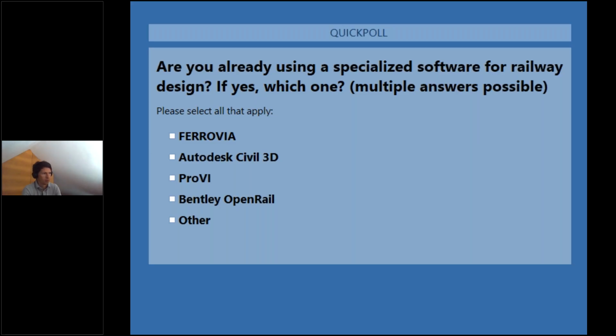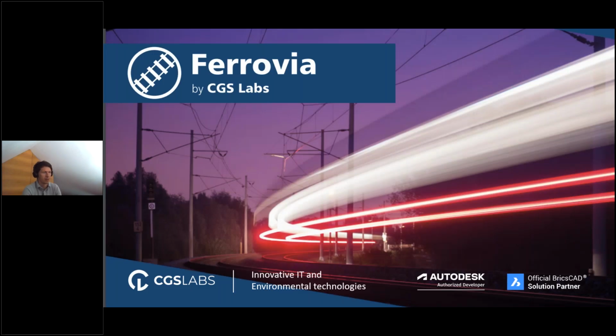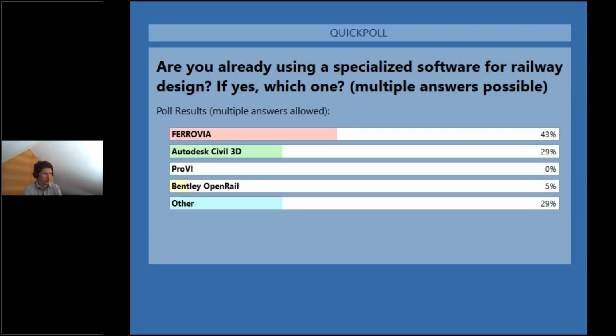I will use some data sets here, some IFC files, which will be available for you. If you are interested, just contact us after the webinar, and we'll provide you the data sets which are used today.